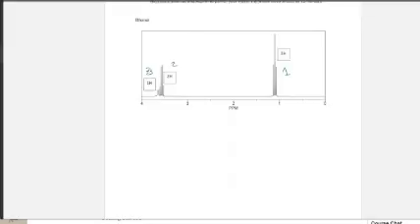In our case, ethanol has three different signals because each hydrogen is bonded to a different carbon. So if we draw out the structure of ethanol, we have a CH3, like I mentioned, a CH2, and we have an alcohol group.